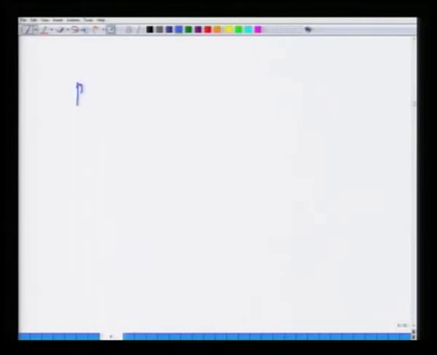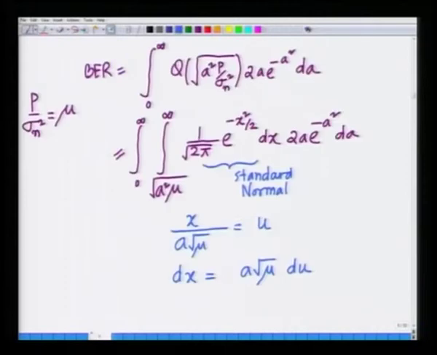So, I can write this bit error rate now as follows. The outer integral is still 0 to infinity. However, for x I am substituting a square root of mu times u, which means the lower limit here becomes a square root of mu divided by a square root of mu, which is 1. The upper limit, infinity divided by a square root of mu, is infinity.